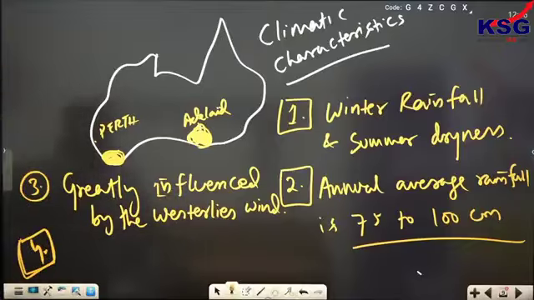Winter rainfall and summer dryness. Annual average rainfall is 75 to 100 centimeter. It is greatly influenced by the westerly wind system.